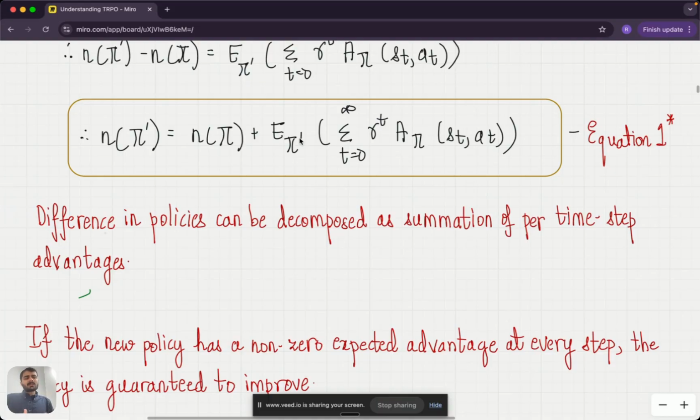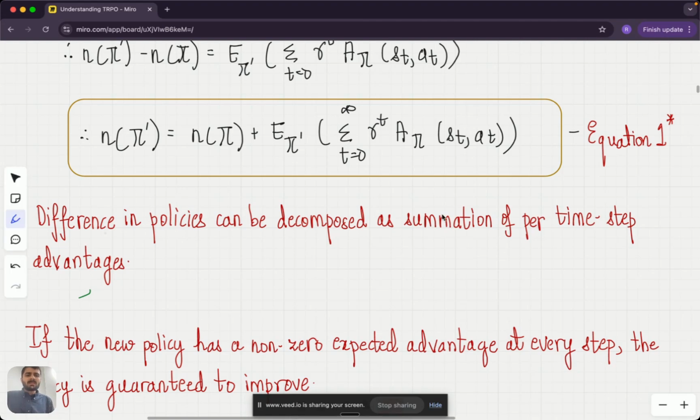To understand how this change, or using information from the old policy, works, we can update this expression and change it so that we don't need to know the state distribution under the new policy, but we only need to know the state distribution under the old policy.